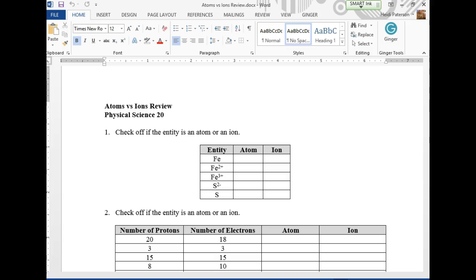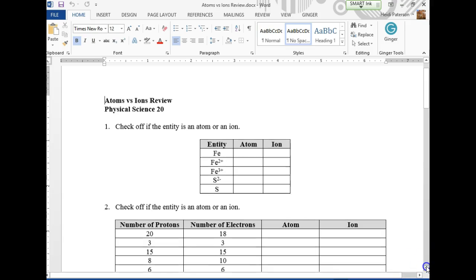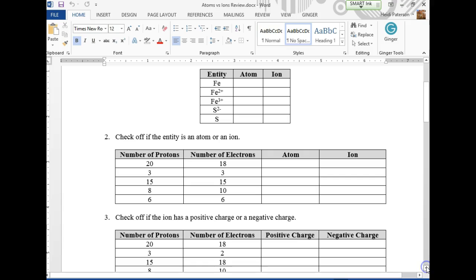That means they have to have the same number of protons and the same number of electrons. 15 protons, 15 electrons, that is an atom. Finally, 8 protons and 10 electrons, that is an ion. Any questions so far? Oh, and 6 protons and 6 electrons is an atom.